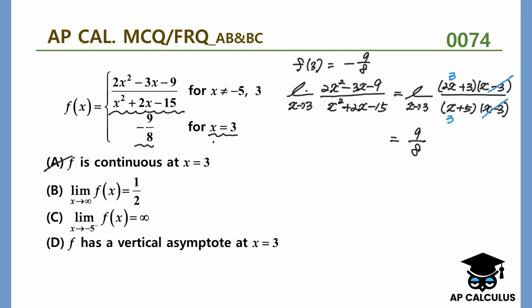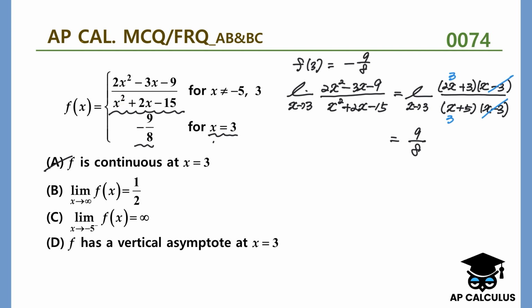Answer choice B. Limit as x approaches infinity of f of x is equal to 1/2. Let's see if this is true. Infinite limit has to do with the horizontal asymptote of the function. This is a rational function. The degree of the denominator is 2.